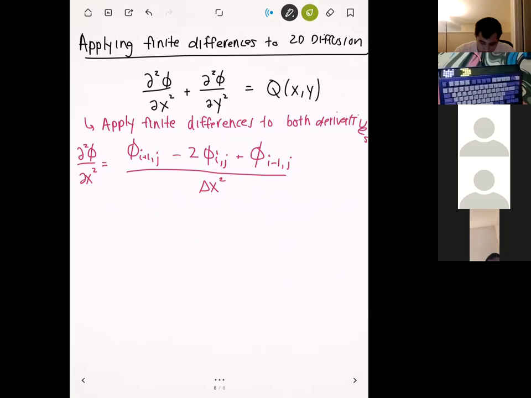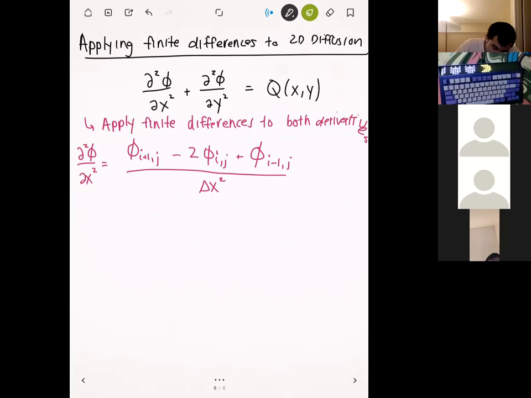Another thing you should notice is that when I'm making the changes in the nodal IDs, I only did that for the i coordinate, so the j coordinate is all the same in this one. That's because this is a derivative in the x direction, not the y, so we don't change in y at all.